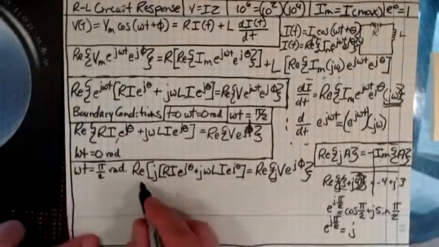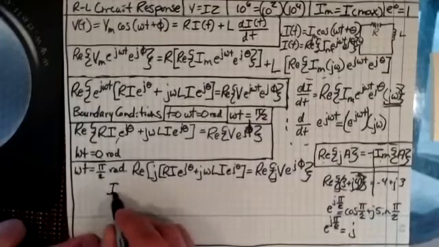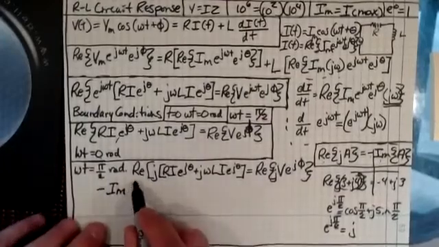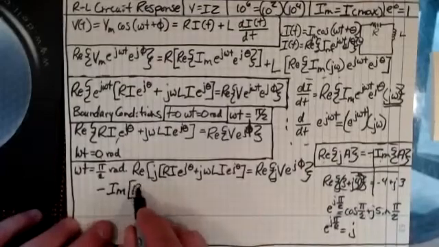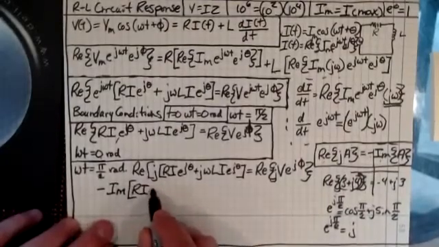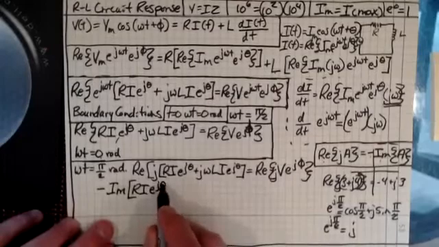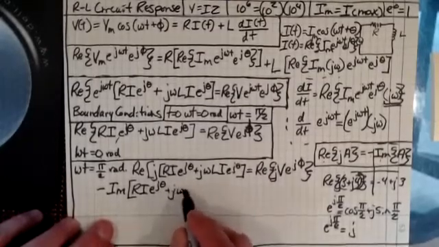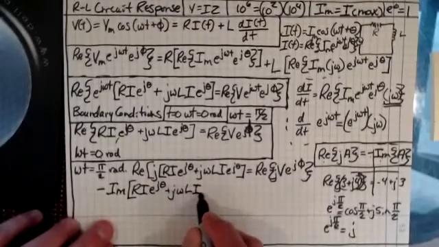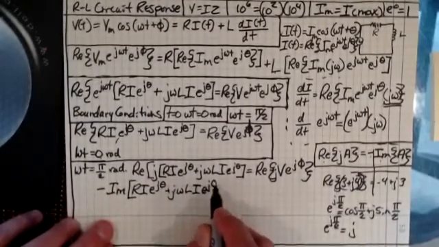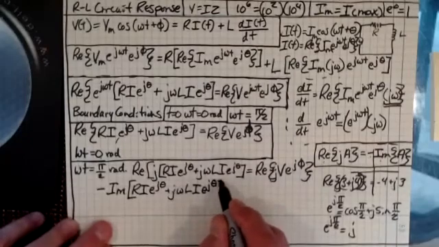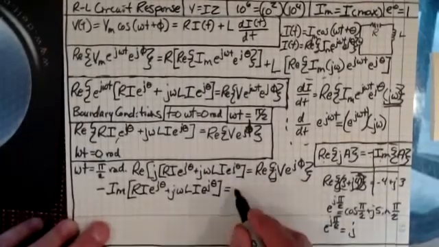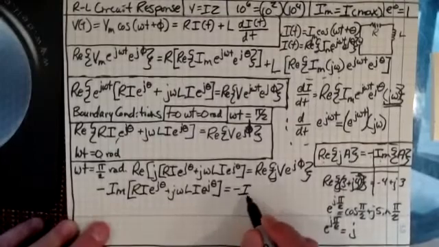I'm going to say that this is the same as minus the imaginary part of R I e to the j theta plus j omega L I e to the j theta, and that's going to equal minus the imaginary part.